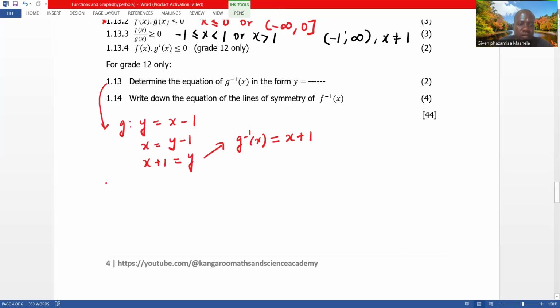Okay, then 1.14, it says write down the equation of the line of symmetry of the inverse of f. By the way, what is the equation of f? The equation of f is y equals to 2 over x minus 1 plus 1. In reality, guys, with the inverse of the hyperbola, the p and q just swap each other, so it will not change.